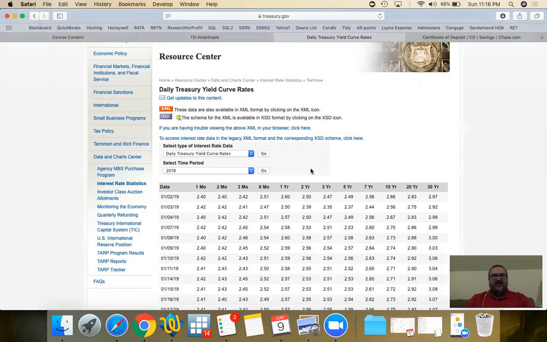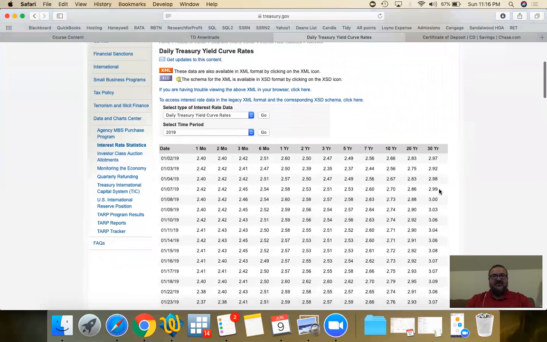Every day we have a daily Treasury auction, and at this auction, US Treasury issues and sells 1 month, 2 months, 3 months, 6 months, 5 years, 30 years, and so on, different maturity US Treasuries to the public, to individuals like you and I, and to financial institutions.